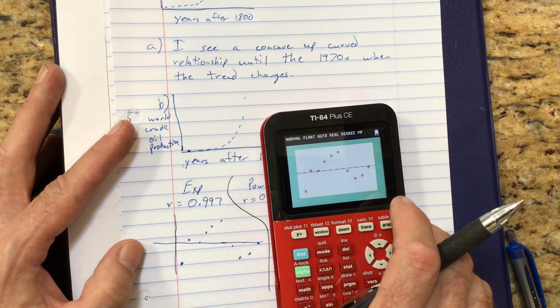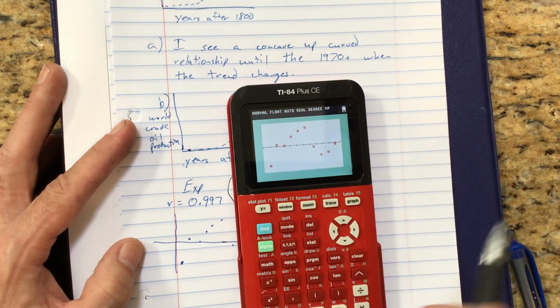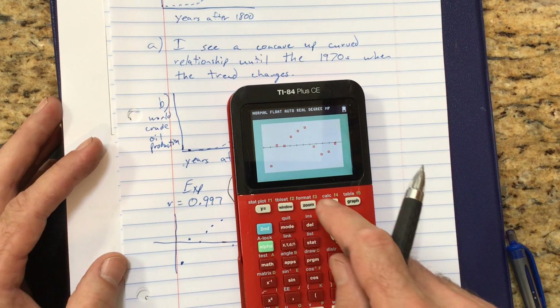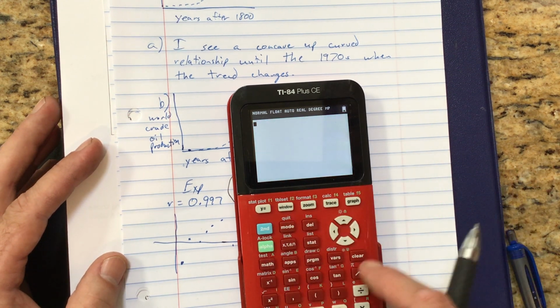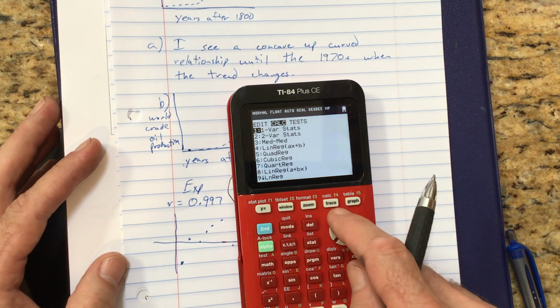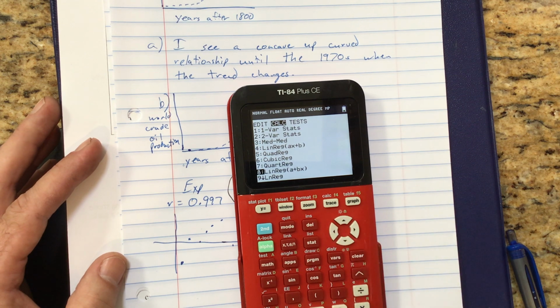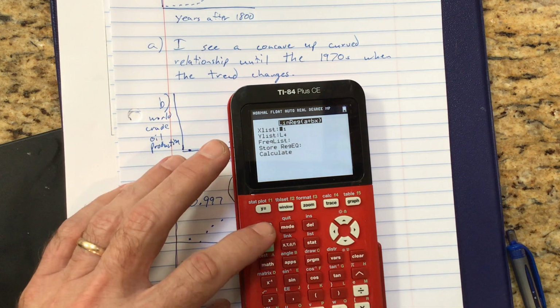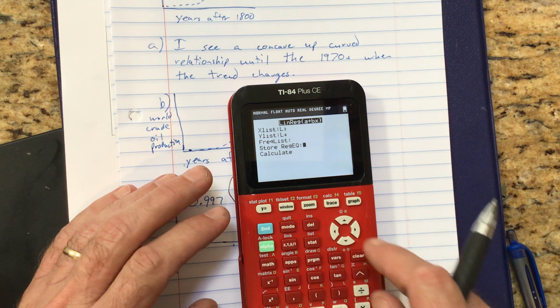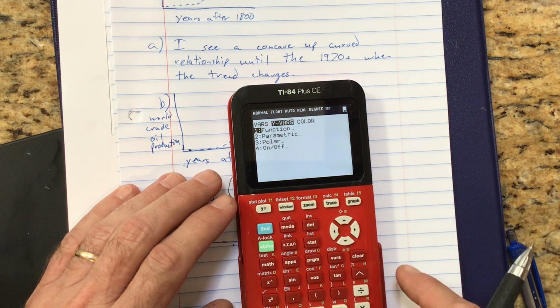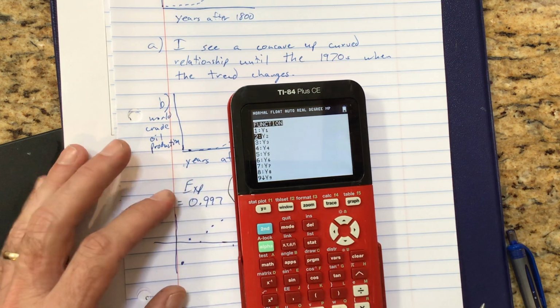Let's hope power has a better looking residual plot. Okay, so for power, again, we have to do linear regression. This time it's log of both variables. I'll store that in y sub 2.